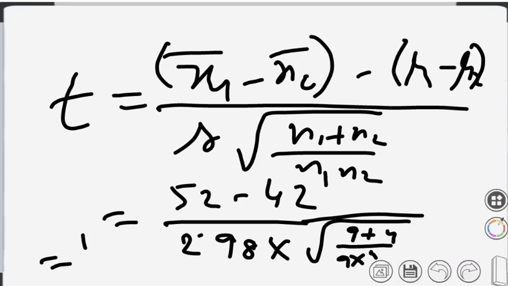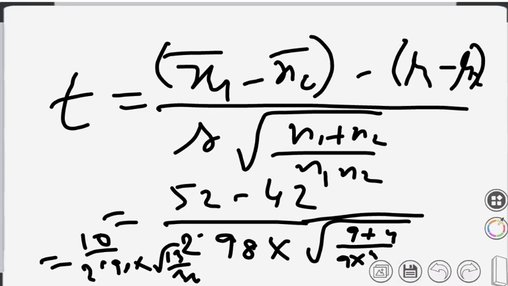So this is 10 by 2.98 into root over of 13 by 36. So 13 divided by 36 equals to this. So square root of answer into 2.98.